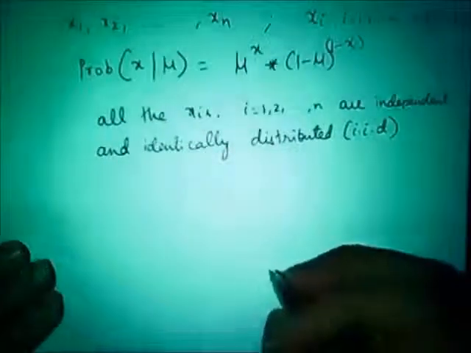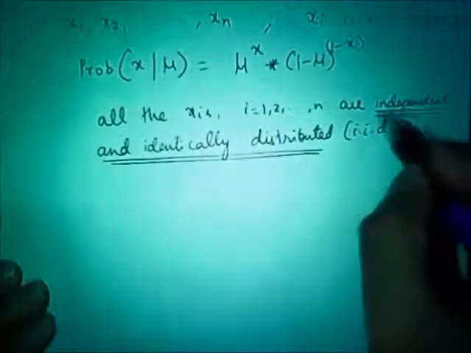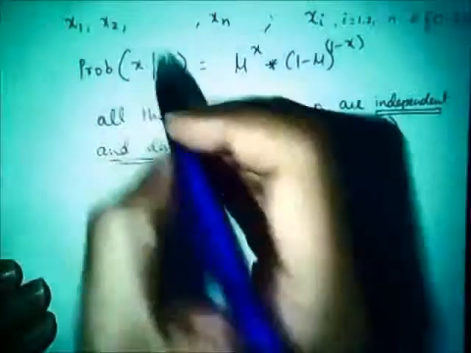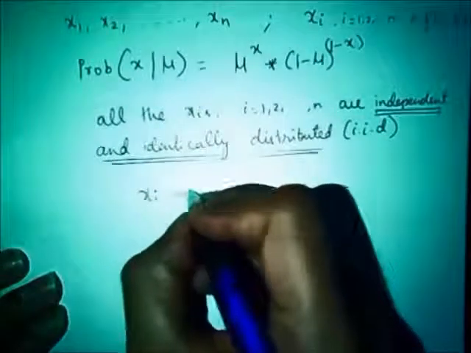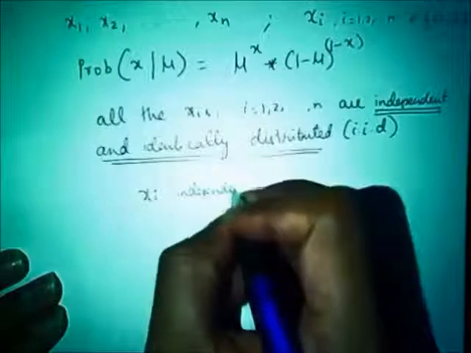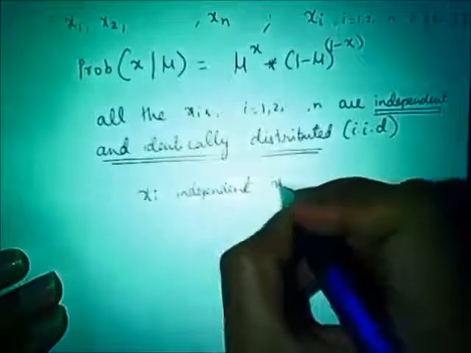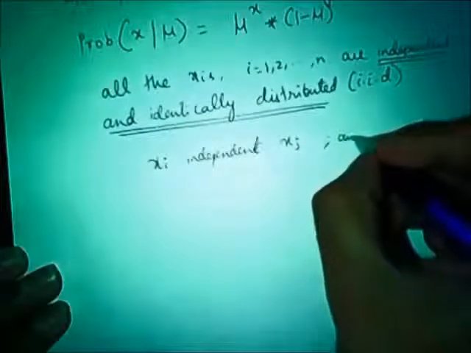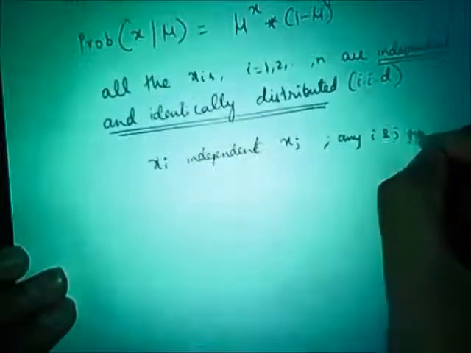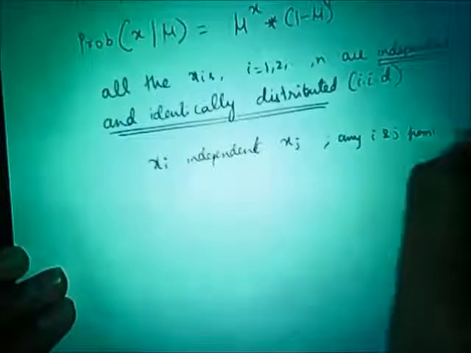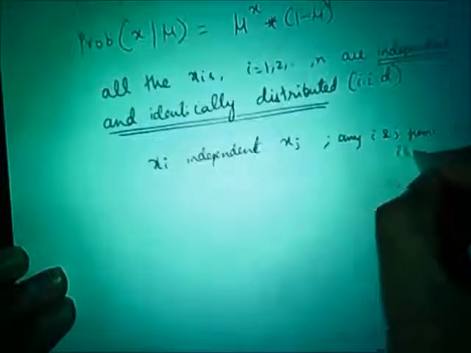What independent and identically distributed means is that, when I say independent, it means that the outcome of xi is independent of the outcome xj for any i and j from 1 until n when i is not equal to j.